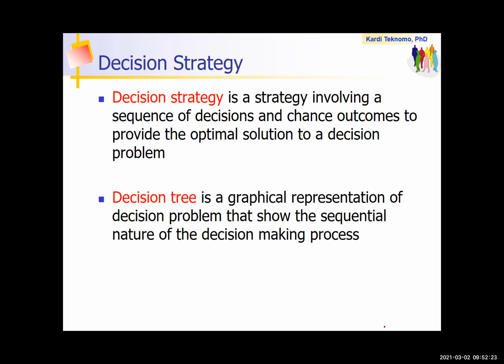And the best path is called a decision strategy. A decision strategy is a strategy involving a sequence of decisions and chance outcomes to provide an optimal solution for your decision problem. So a decision tree is a graphical tool to help you in making decisions.